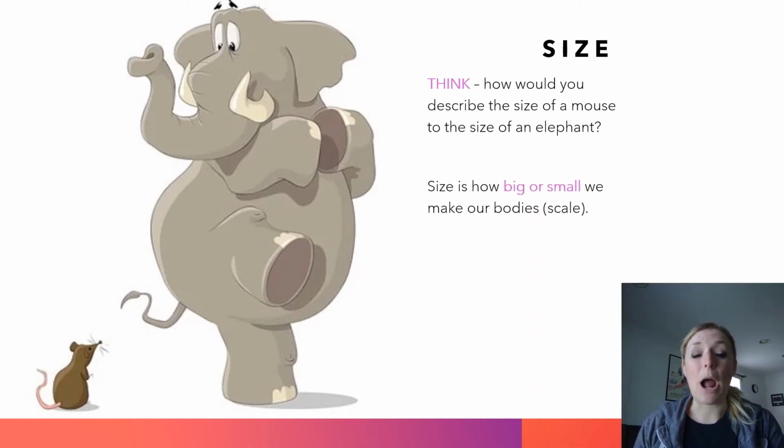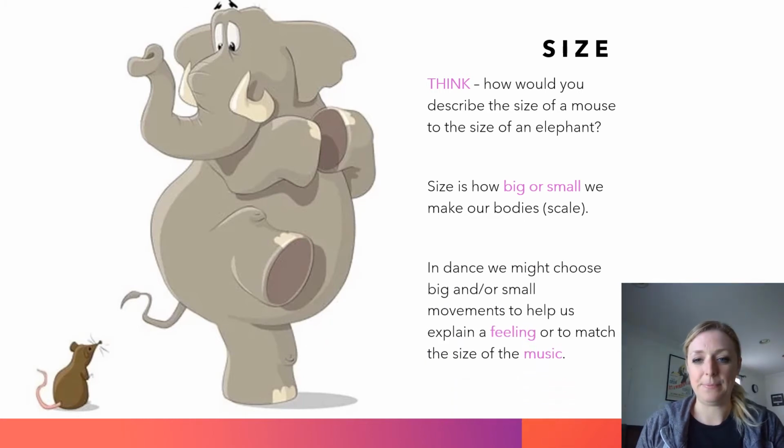Size is how big or small we make our bodies in dance, and sometimes it can be called scale. In dance, we might choose to use big and or small movements, and they might help us to explain a feeling, or it might match the size of the music.